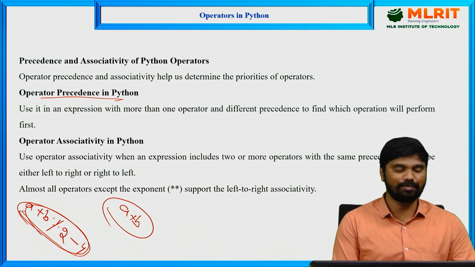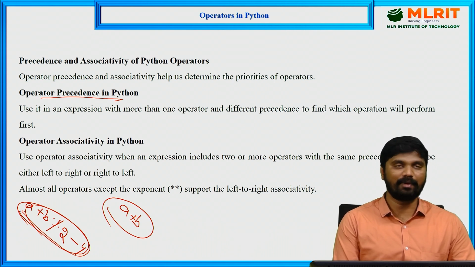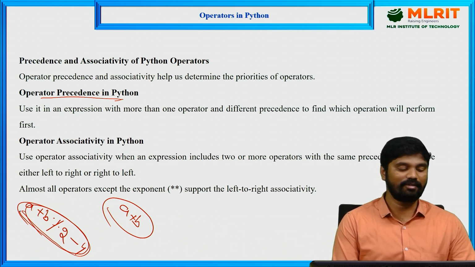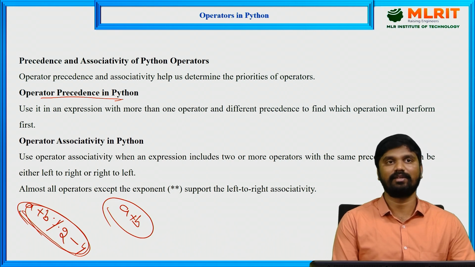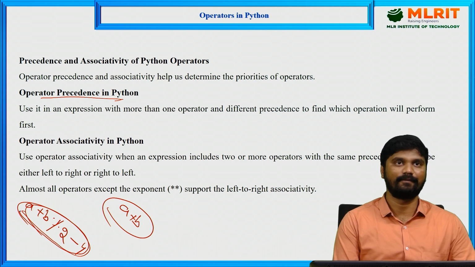To overcome this problem, we have the operator precedence concept. This concept is based on the priority of the operator: the Python virtual machine performs the highest priority operation first, and then the next level operation. So based on the priority of the operator, the operations are performed.